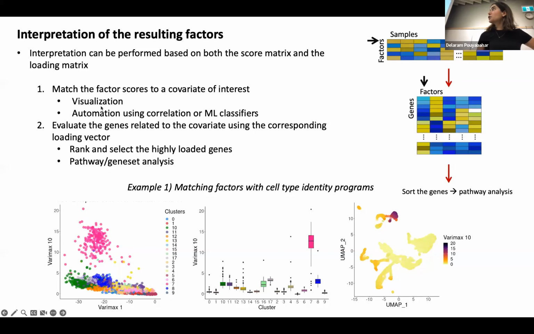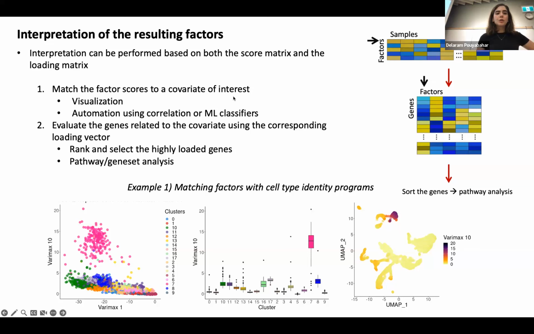Another way is to automate that process using other correlation approaches, which is the simple way that you can do it, or you can train some machine learning classifiers on your factors. Basically what that means is that you use your factors as inputs to your classifier, and it's necessary here to use a machine learning algorithm that is interpretable, so you can look at the feature importance scores.